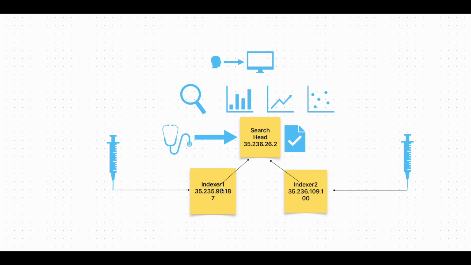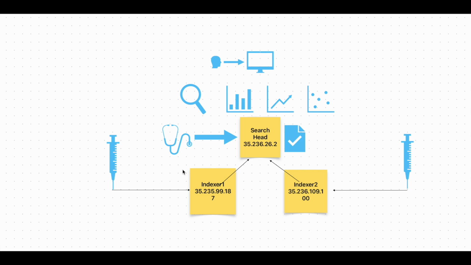But suppose we have hundreds of indexers. If we want to make any configuration changes, it is not feasible to go into each and every instance and make those changes.